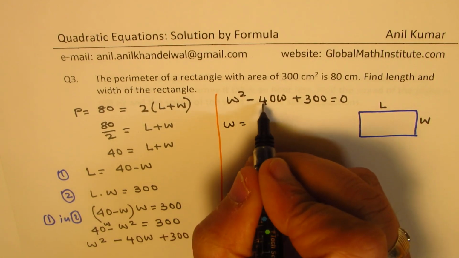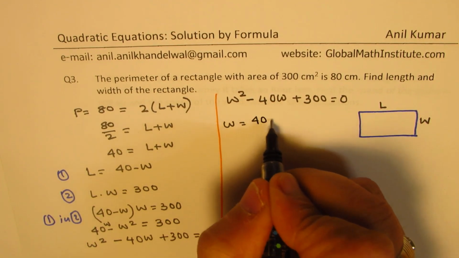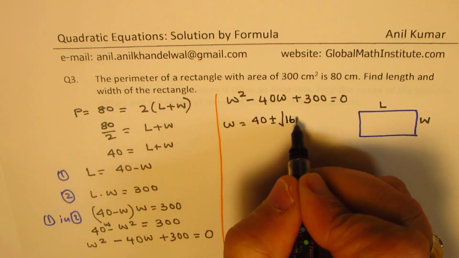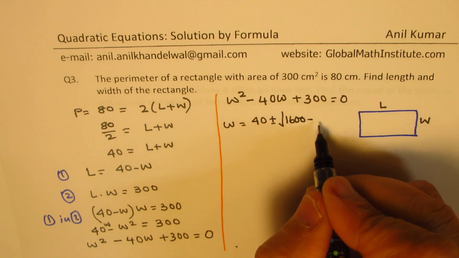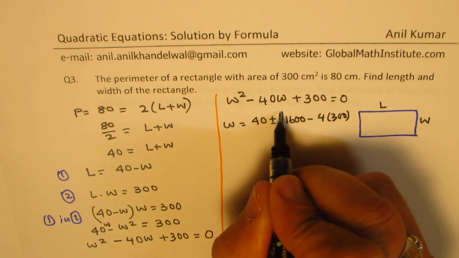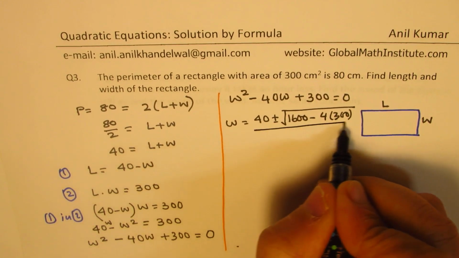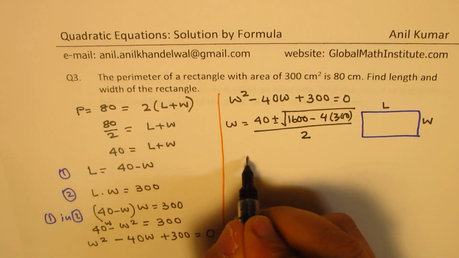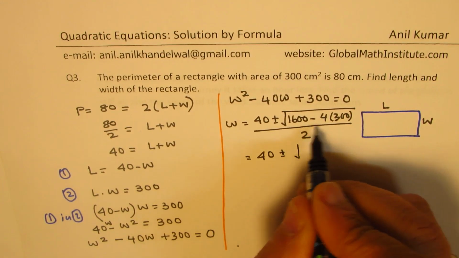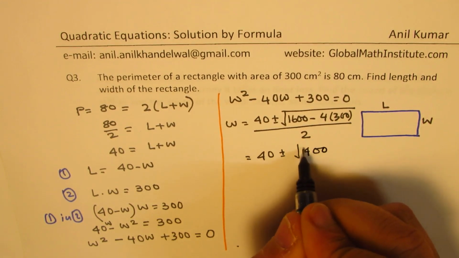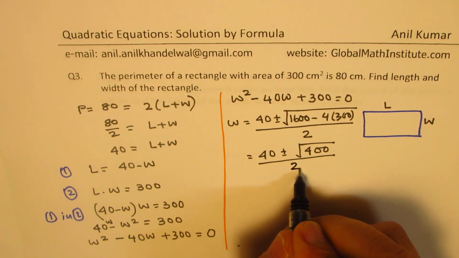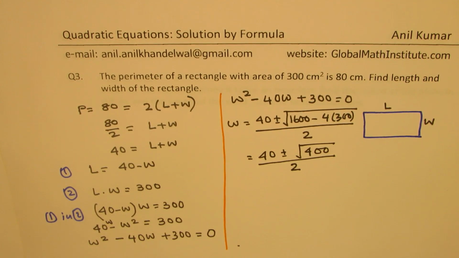So W is negative of this, which is 40, plus minus square root of square of 40, which is 1600, minus 4 times 300, divided by 2. We are doing this shortcut since we have done many questions related to this, right? So that is 1600 minus 1200, which is 400, over 2, right?